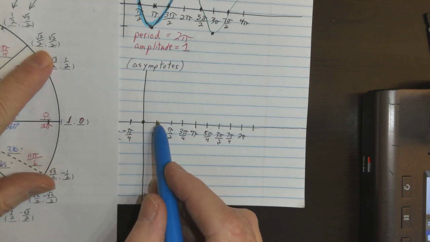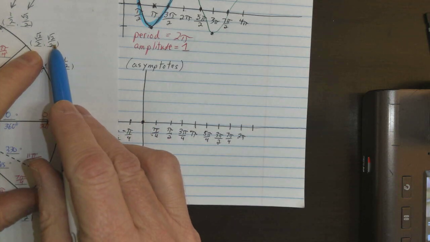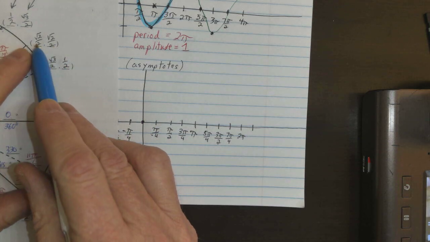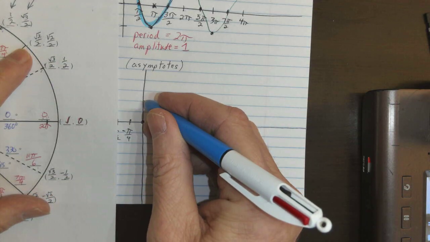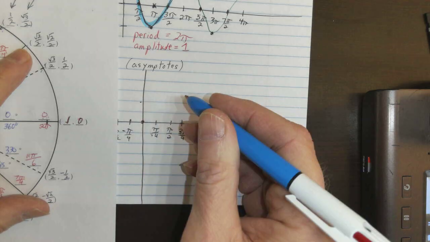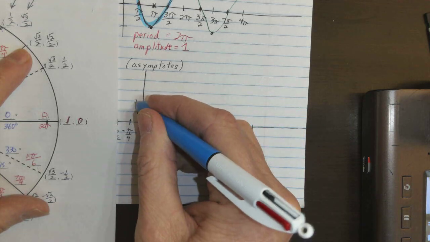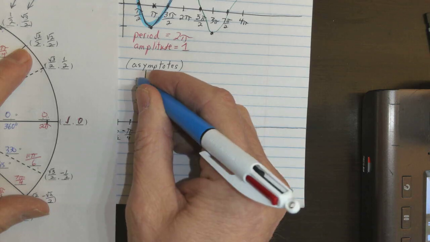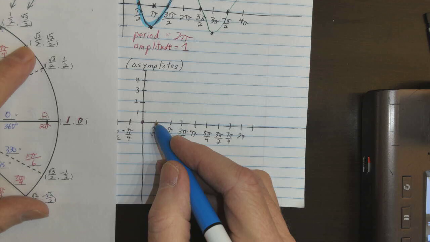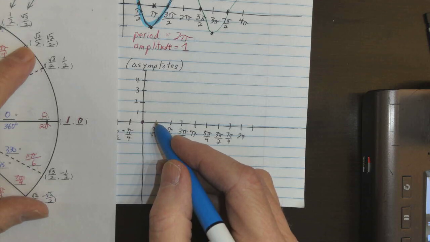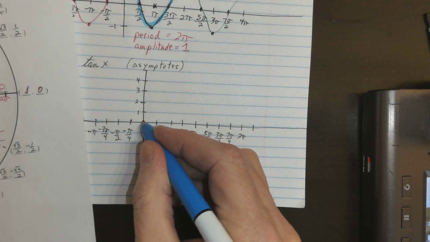Now pi over 4 is square root of 2 over 2 over the square root of 2 over 2, and I'm going to scale by ones on the lines, 2, 3, 4, and so on. So square root of 2 over 2 divided by itself, okay, this is the point on here.